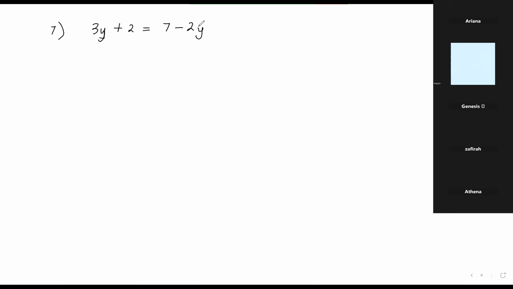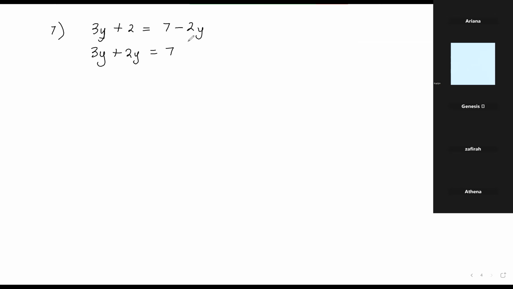All right, Athena. So I want to move minus 2y to the left-hand side. What would it become? Would it still be minus 2y or would it change? We change it to positive 2y. That's right. And then on the right-hand side, I have 7, 2 will change to, would it be minus 2 or plus 2 on the right-hand side? Minus 2.